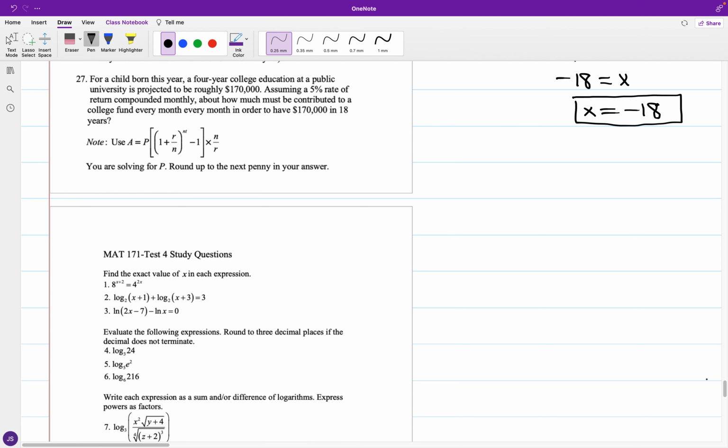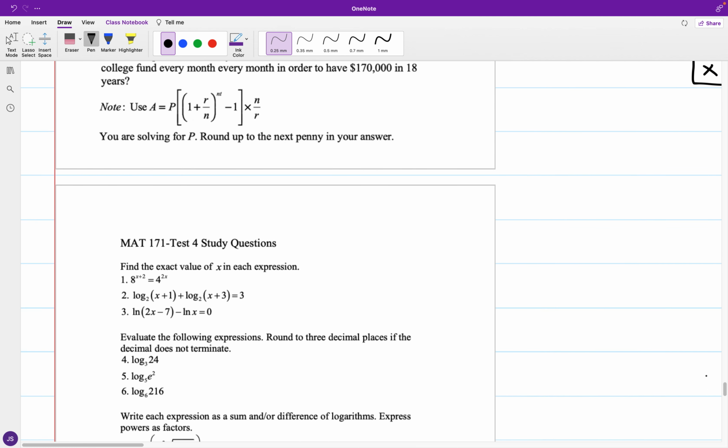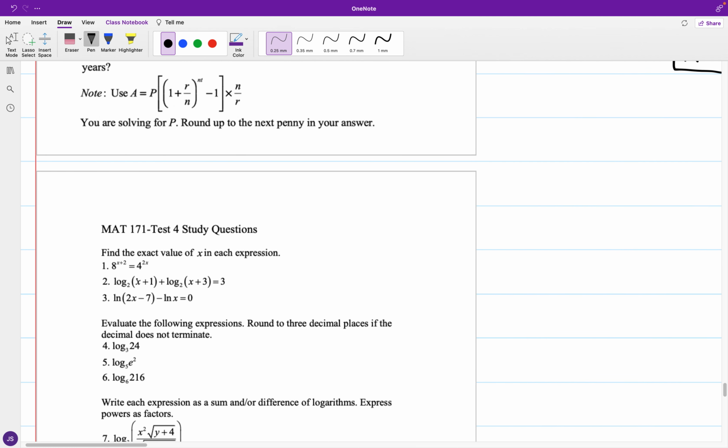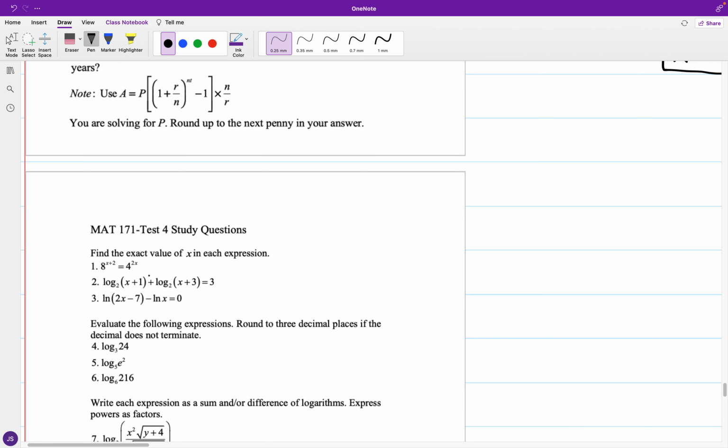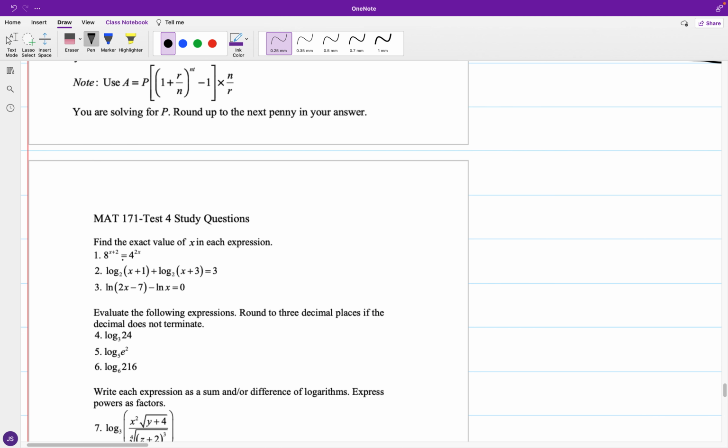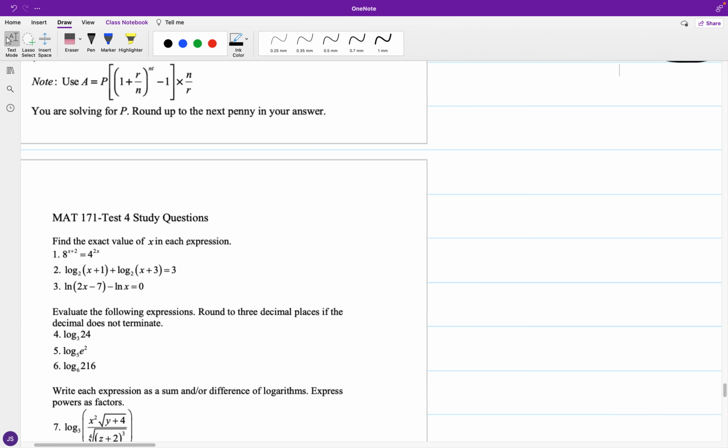And for the second set, here with the first item, you have 8 to the x plus 2 is equal to 4 raised to the 2x.